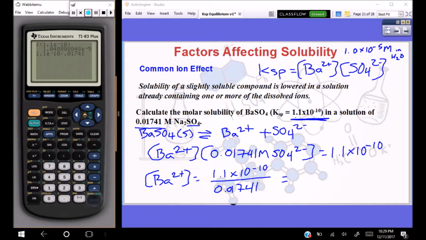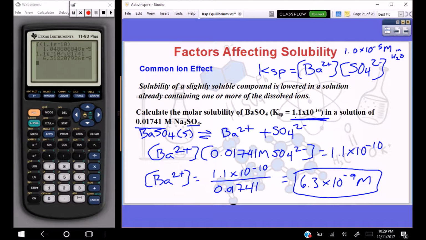And I get 6.3 times 10 to the negative 9th molar as my solubility. Okay, so this is in the Na2SO4. Sorry for the bad handwriting there.